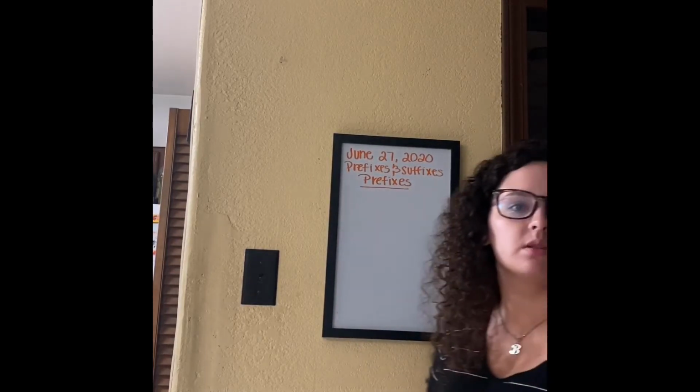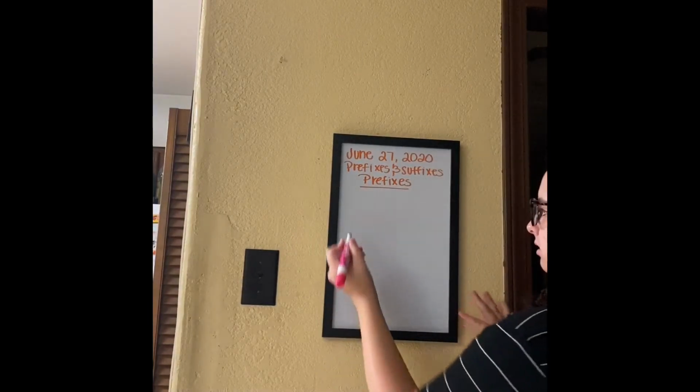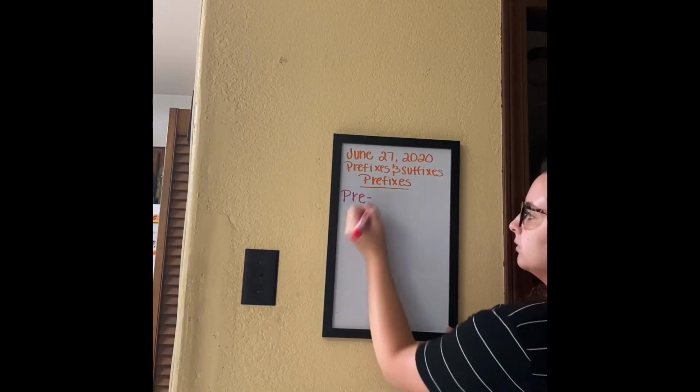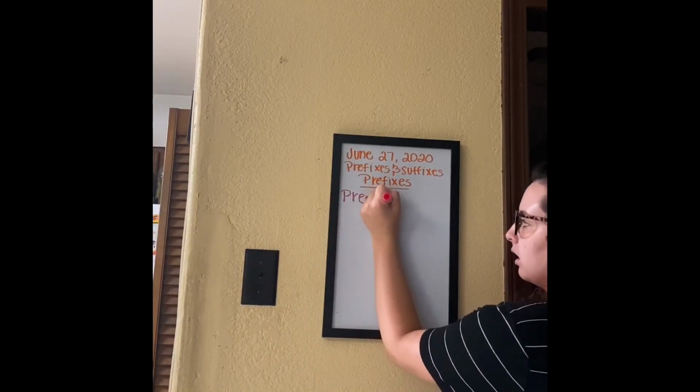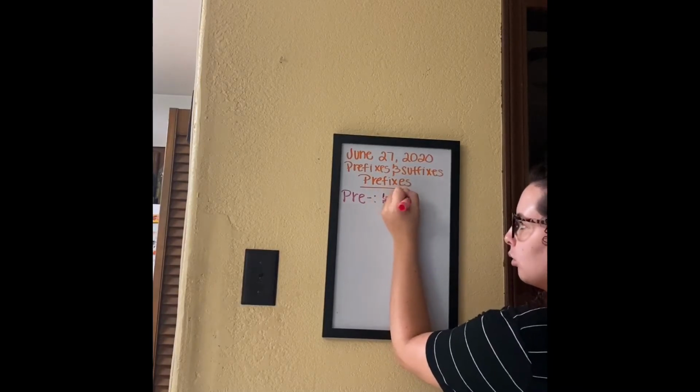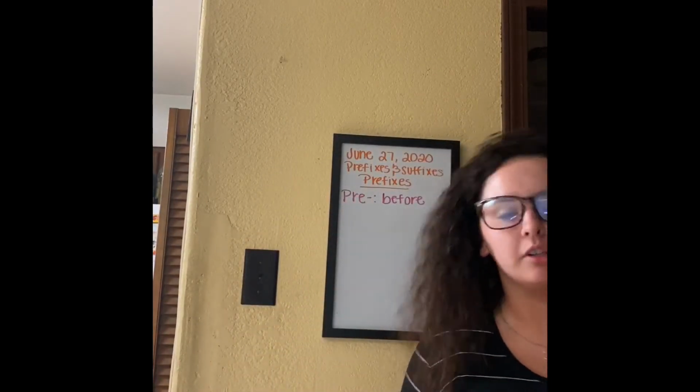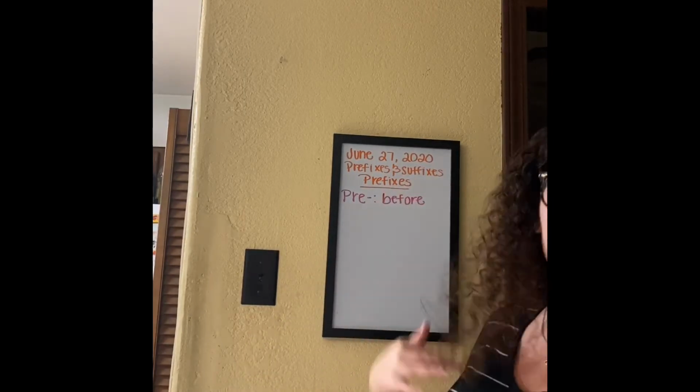The next prefix we're going to use is pre. Alright, P-R-E. This means before. So a good example for this is, where does a prefix go? Where? Before the word. So your example for this is already on your paper, prefix.